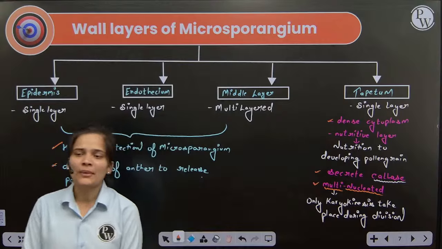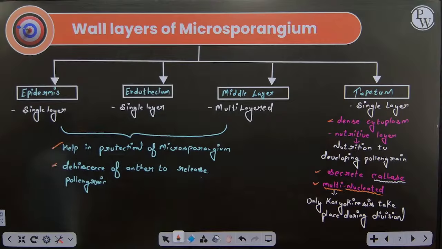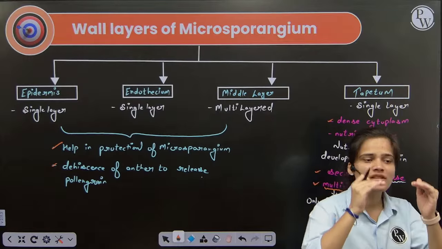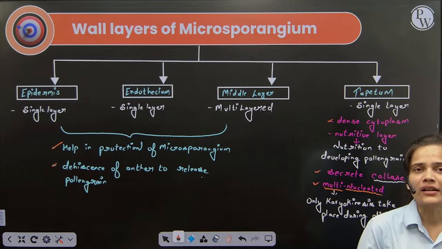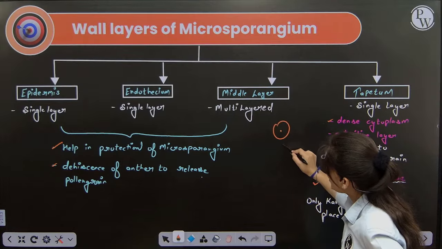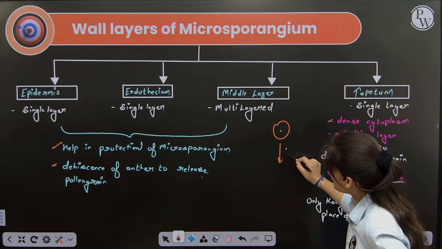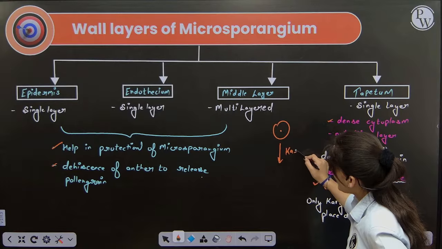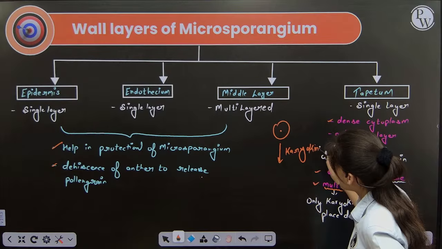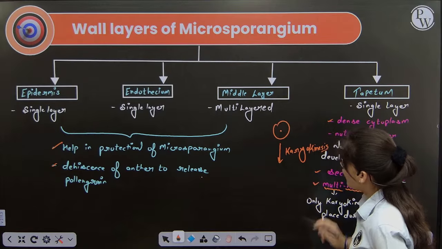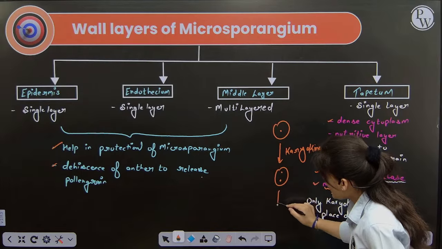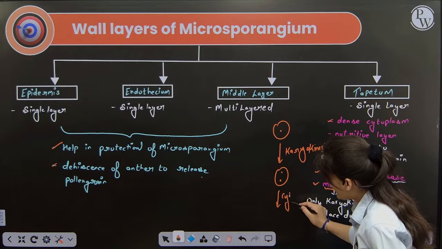Why is this tapetum layer multinucleated? See, when cells of the tapetum layer undergo division, what happens? As we know, when a cell undergoes division, first step is karyokinesis. And what is karyokinesis? Karyokinesis is the division of nucleus. Second step is cytokinesis.